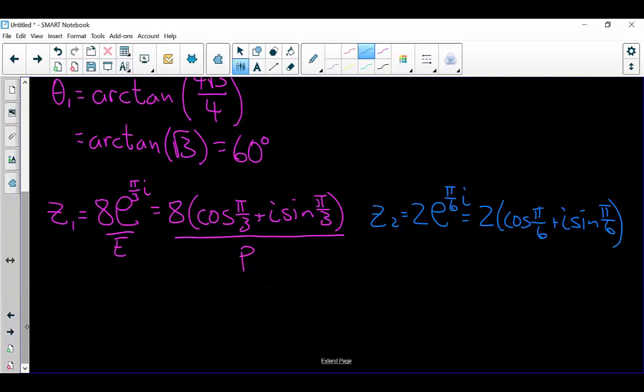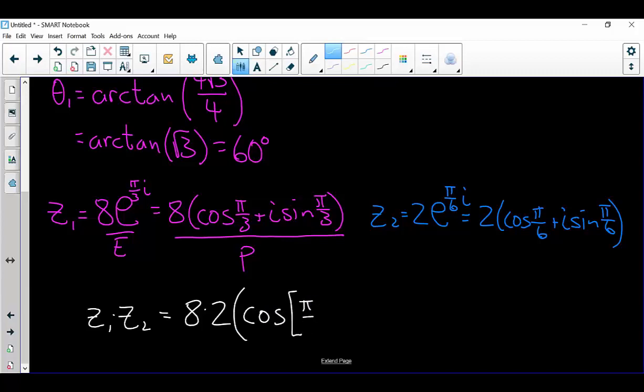So our first task in doing work with complex numbers is we're going to change the form, either polar or exponential. Now, let's just do some things here. Let's suppose I want to find Z1 times Z2. Okay, so that's going to be 8 times 2 cosine pi over 3 plus pi over 6 plus I sine pi over 3 plus pi over 6.